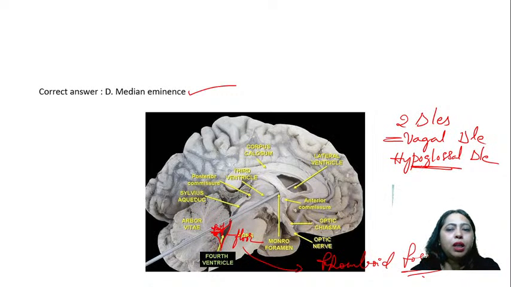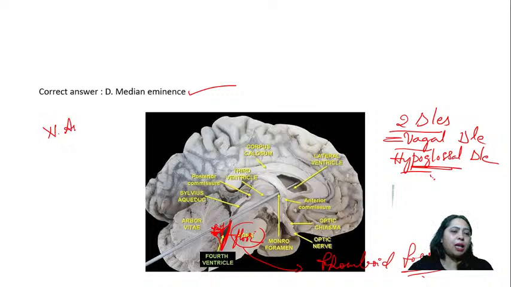Yes, rhomboid fossa, and inside the fossa you have these two triangles. So this is the floor where there is the pons. This portion is the floor and the opposite end is the roof. Okay, next one we'll talk about neuroanatomy. More neuroanatomy questions I'm going to bring up.